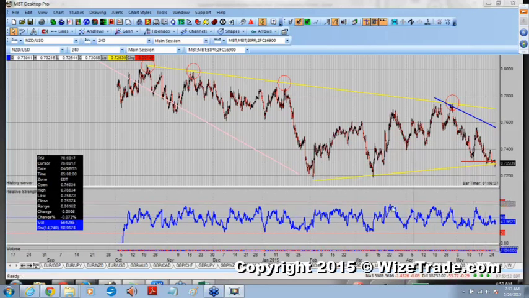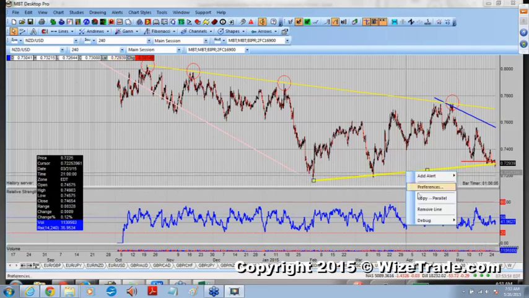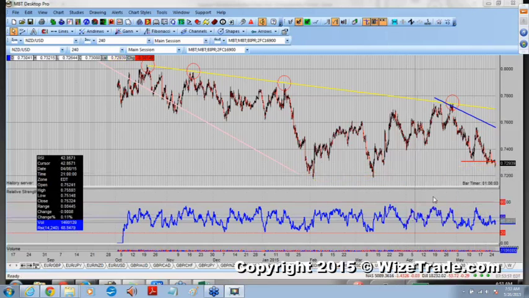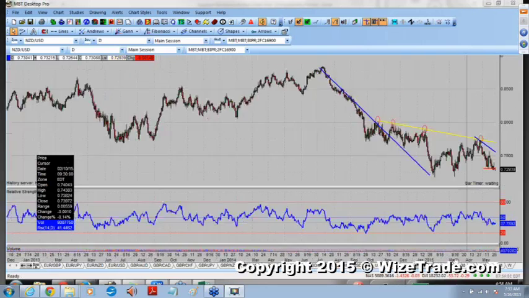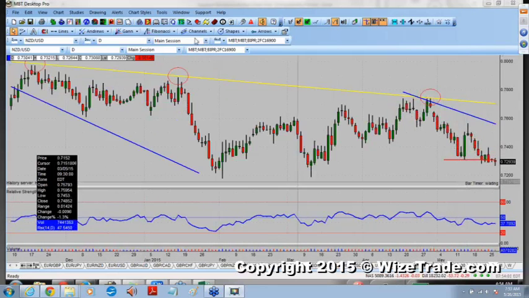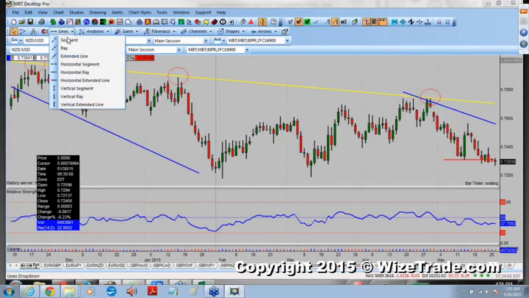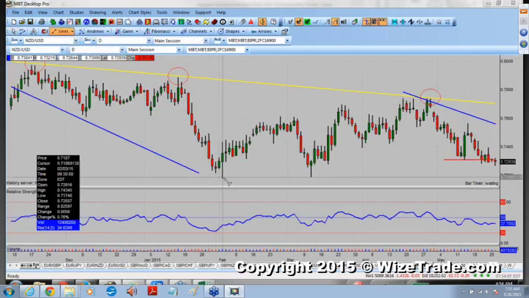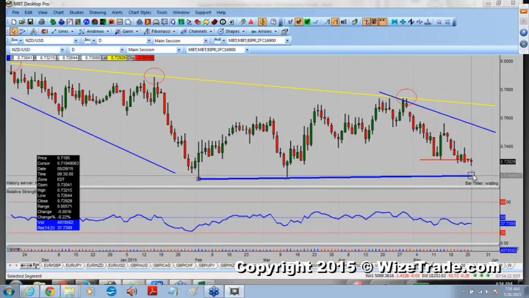If you connect the wicks, trend line support will come in around 72, maybe a little higher than 72.